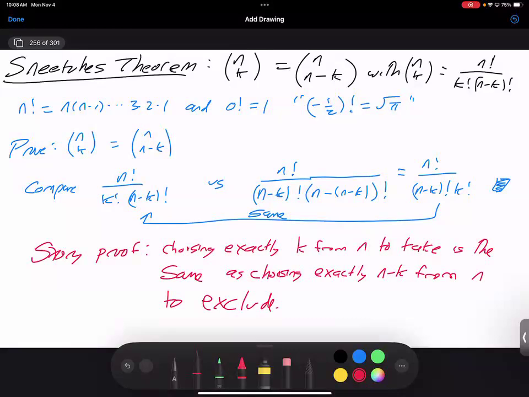If I'm choosing k people from n to be on Team Sneech, the ones that are going to have stars on their belt, so if I choose k Sneetches and only k Sneetches to get stars, then how many Sneetches are left? n minus k. This is the same as choosing n minus k Sneetches not to get a star.